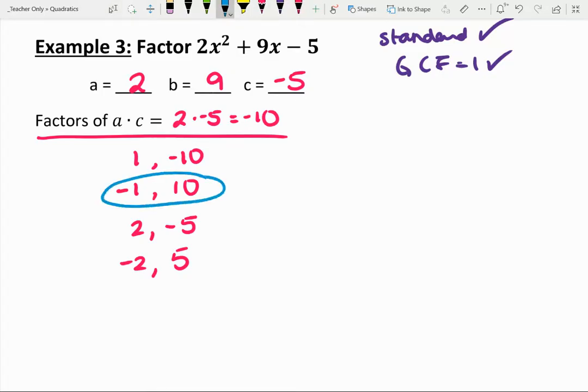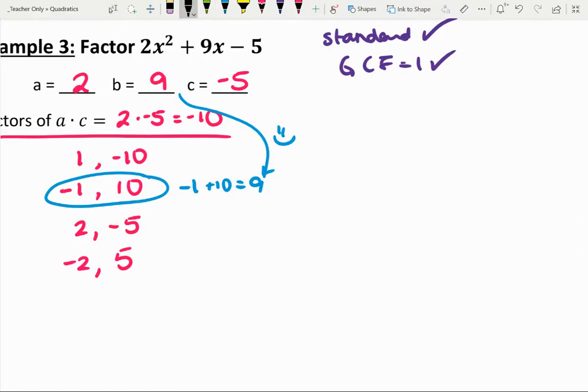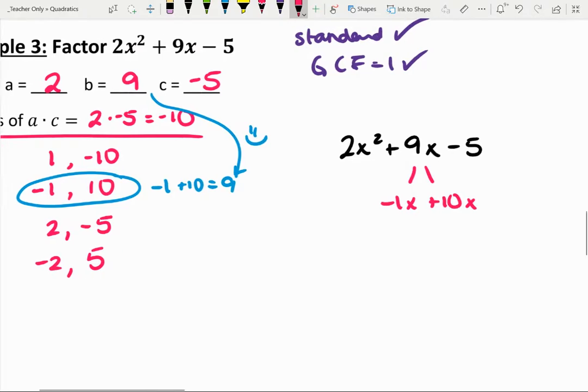I'm going to pick negative 1 and 10 because negative 1 plus 10 is equal to 9, which is our B value. So I'm going to use that to split up my middle term. 2x squared plus 9x minus 5 is going to become negative 1x and plus 10x.